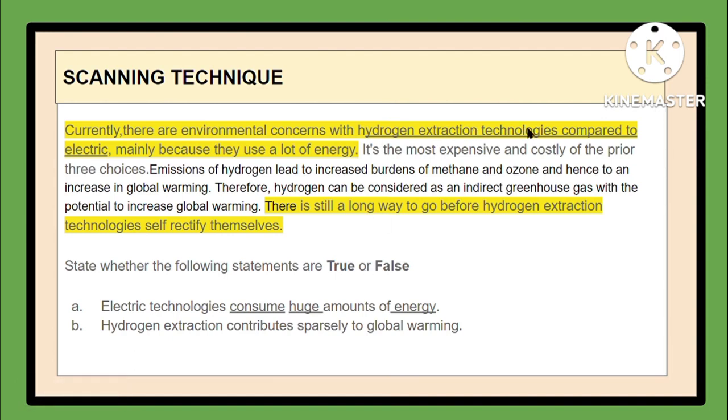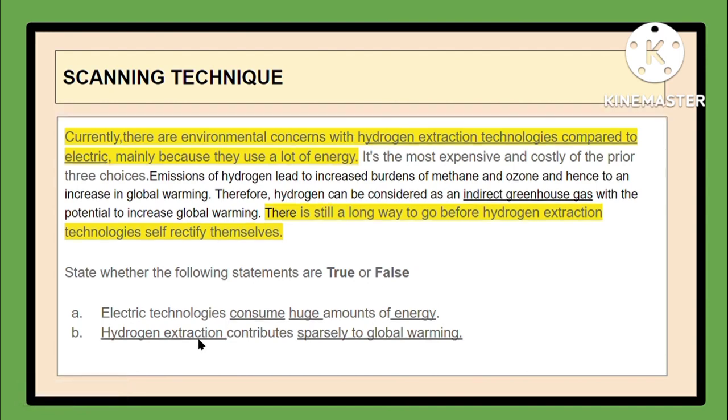Okay, so my next question is, hydrogen extraction contributes scarcely to the global warming. From this statement itself, I know that it's true, so I'm going to highlight that, but just to make sure, I'm going to quickly scan the rest of the paragraph just to make sure that I have not been misled by the tricky words.